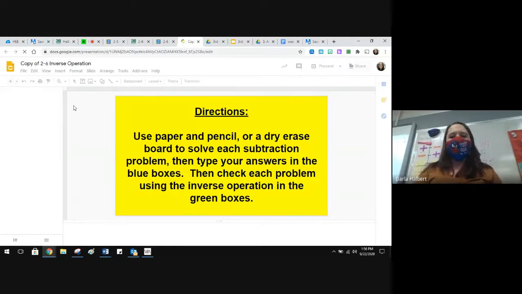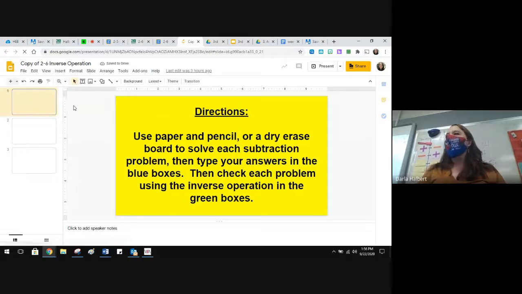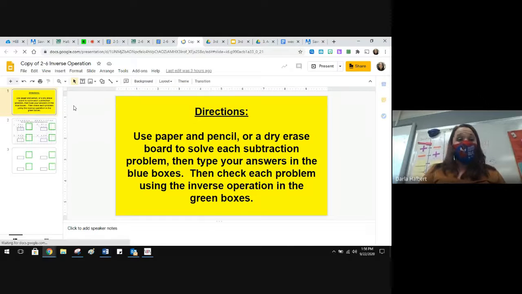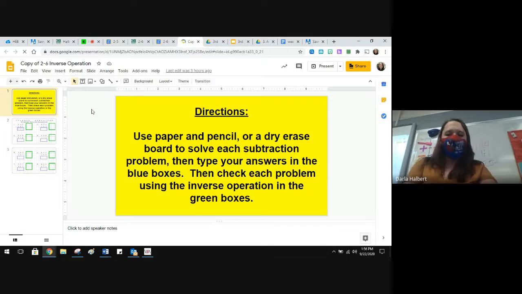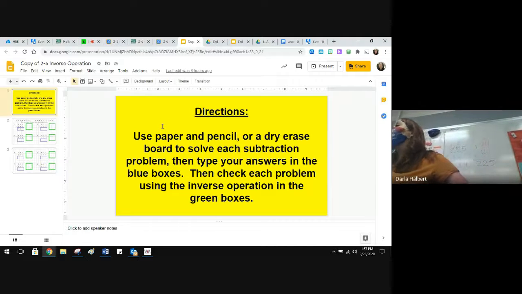Oh, my goodness, look. An entire slide that's bright yellow that says directions in big giant words. What do you think we should do? You think so? Oh, what a great idea. Okay, directions. Use paper and pencil, okay? Y'all have a piece of paper in front of you, so you don't even need the computer.